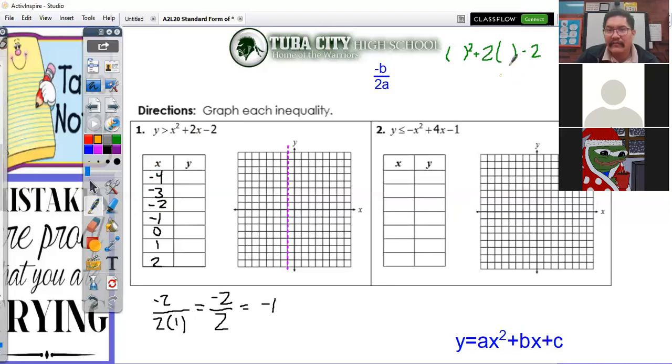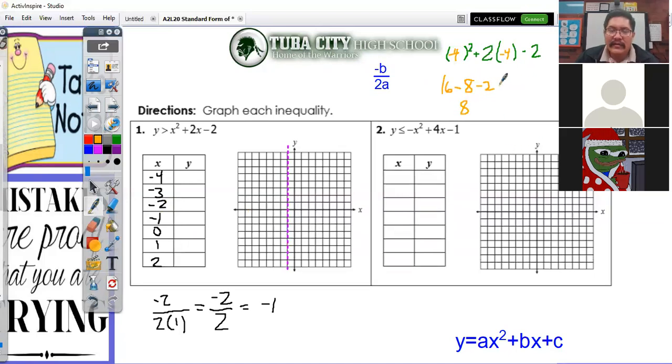So let's start with negative 4. Plug in negative 4 and evaluate it. Negative 4 squared, so that's negative 4 times negative 4. That's going to be 16. 2 times negative 4 is negative 8, and minus 2. So 16 minus 8 is 8, and 8 minus 2 is 6.